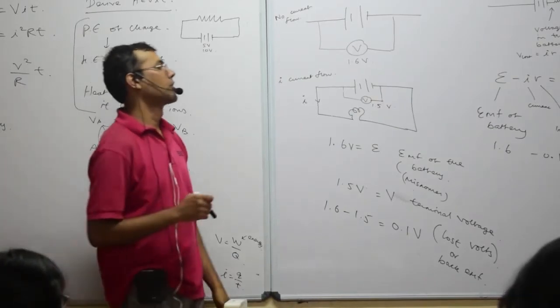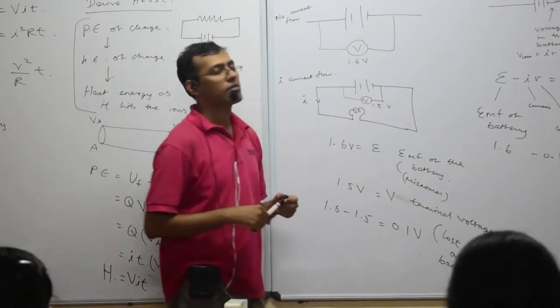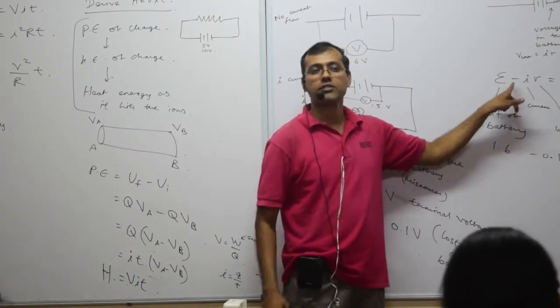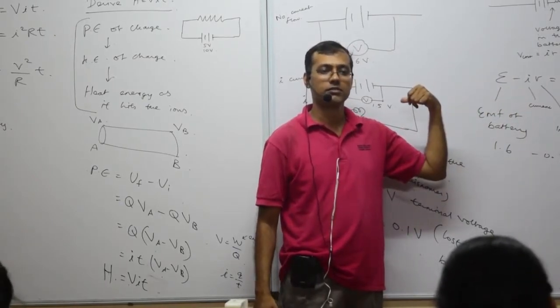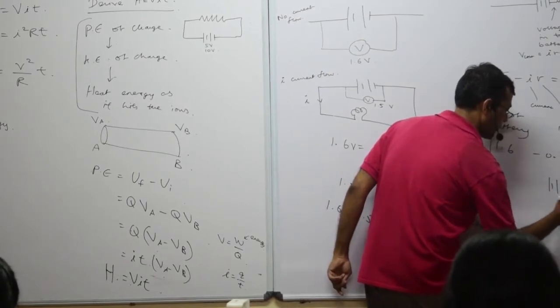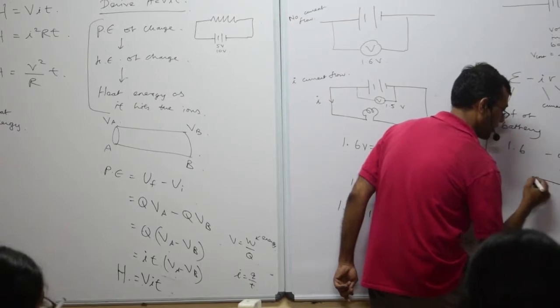However, this is a little bit complicated topic. The reason for that is as the current changes, right? The current is determined by the external resistance, right? So suppose if I redraw this diagram. There is a small resistor R, EMF of the battery.